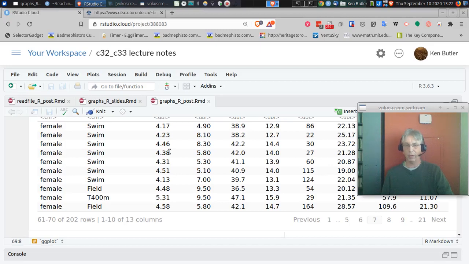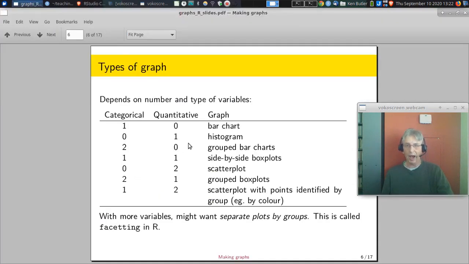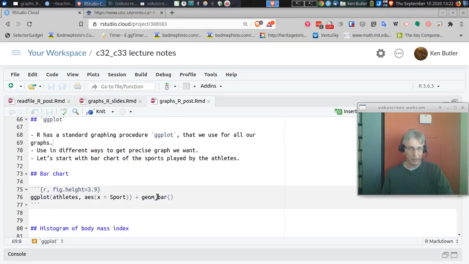It's categorical, and it has a number of different levels, meaning the different sports. We've got one categorical variable, and we go back to here and we say, that would be a bar chart. So we're going to make a bar chart.